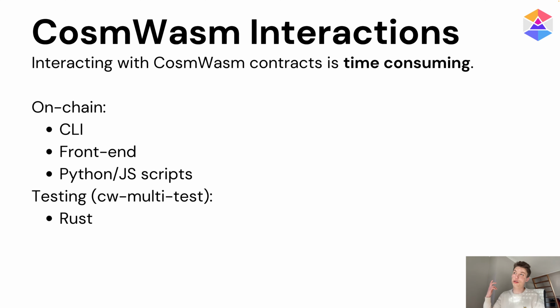You can use it through a front end, something like Juno tools, where you can drag and drop your smart contract WASM file into it and then write your JSON messages that you want to execute.